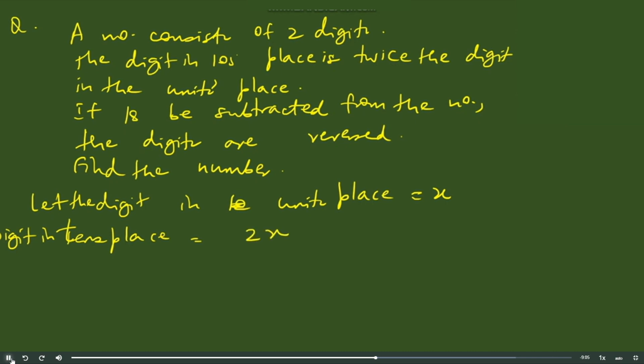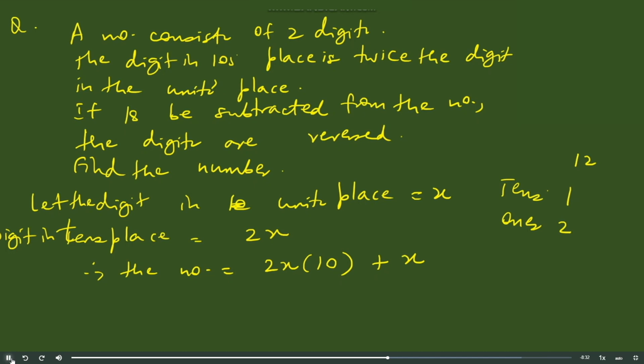Therefore, the original number is 2x into 10 plus x. Suppose I have a number say 12. When I form the number, I say 1 into 10 plus 2. The original number is 2x into 10 plus x.